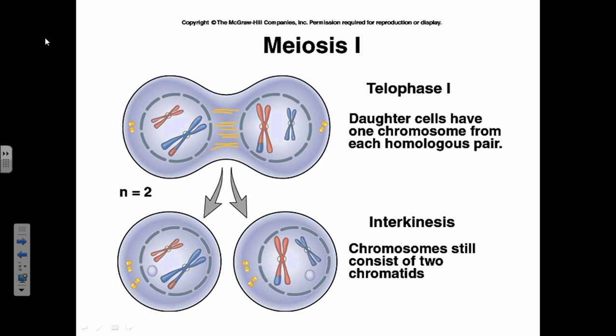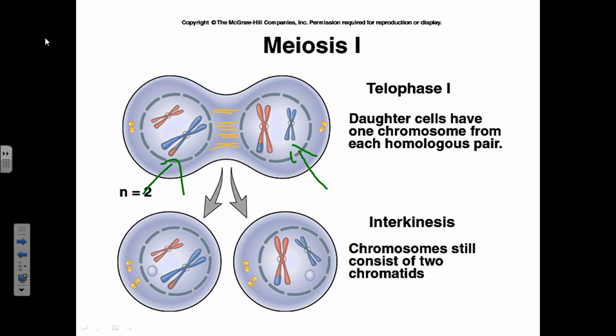And we end telophase 1 with one cell with two what? Nuclei. It has two nuclei. Two nuclei that are the same or two nuclei that are different? Two nuclei that are different.